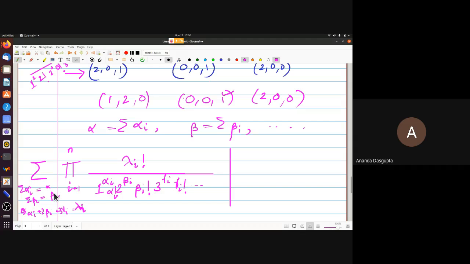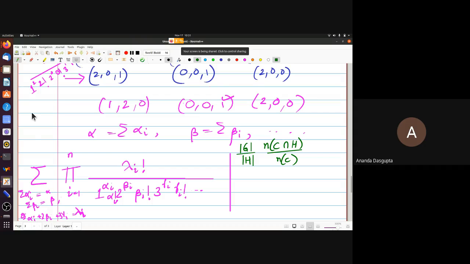Okay. It seems the real problem here is getting all these constraints in place. But once you have this, it's really rather easy to figure out the ratio. This ratio, the compound character that we have, if you look at that, the formula was mod G by mod H, n C intersection H by NC. Okay. Now, notice that when you divide mod G by NC, how much was mod G?